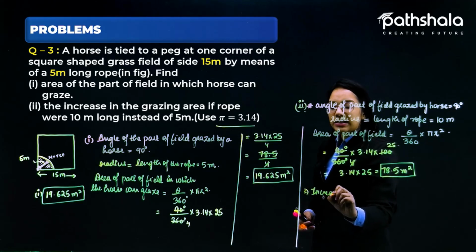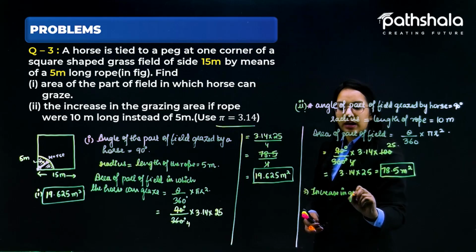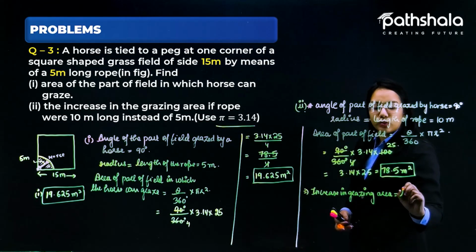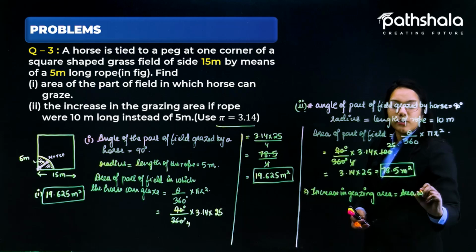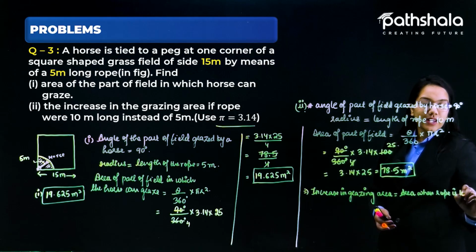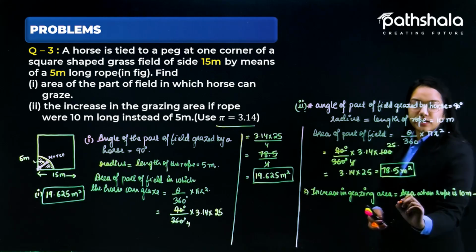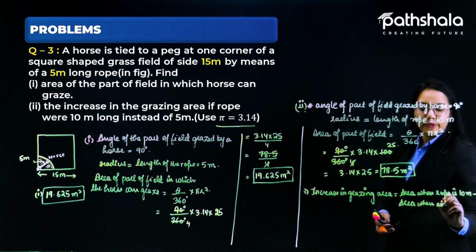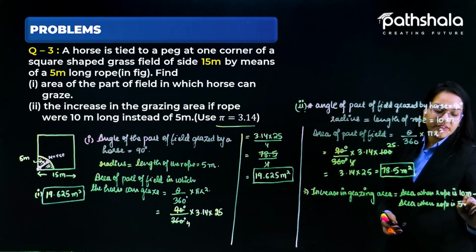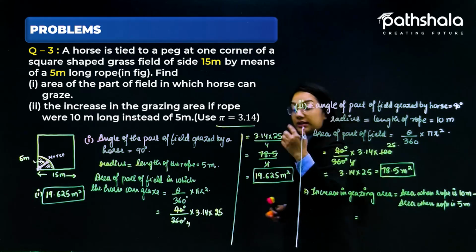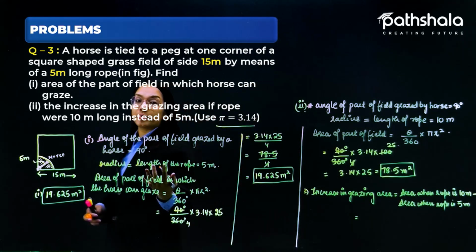The increase in the grazing area is equal to the area when rope is 10 meters minus the area when rope is 5 meters.